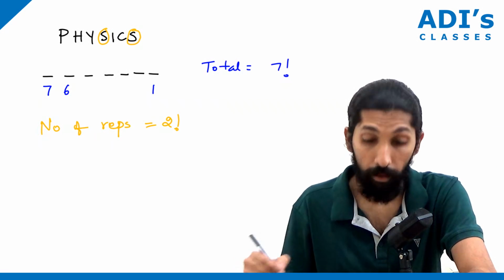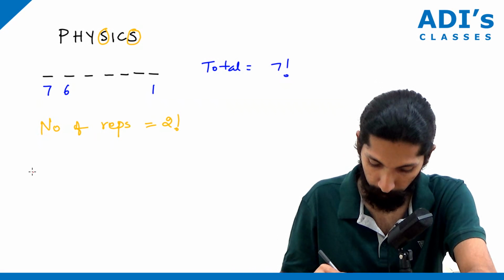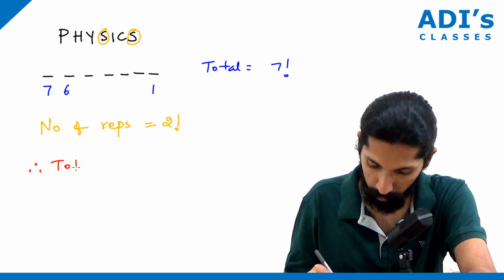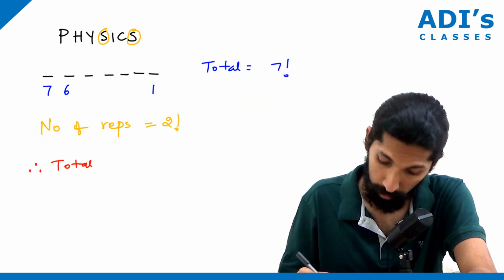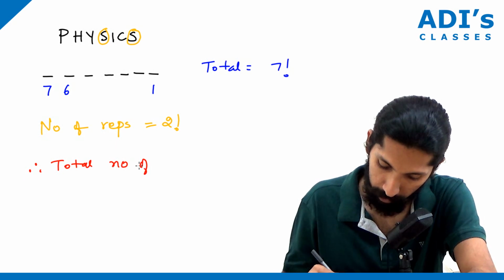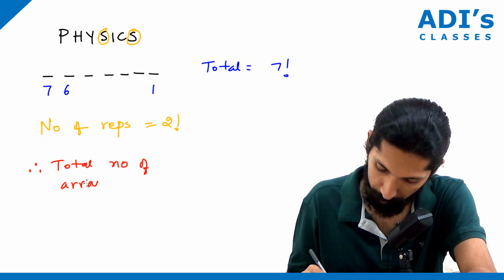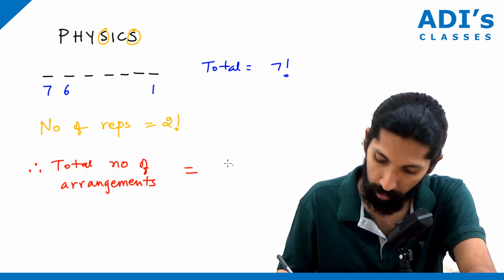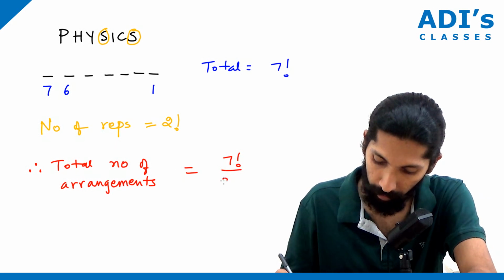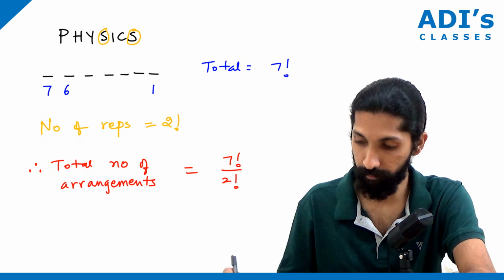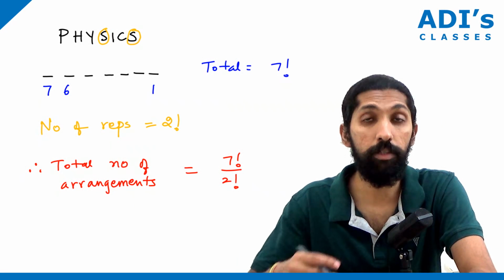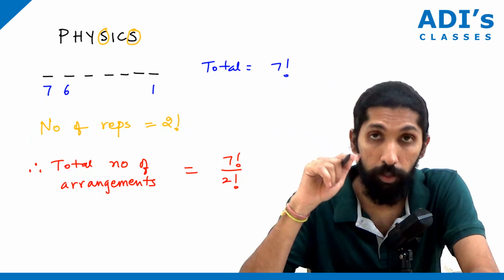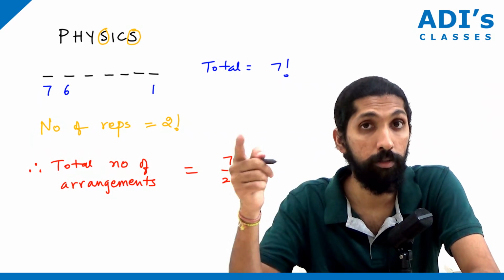Finally, we can say the total number of arrangements will be 7 factorial divided by 2 factorial. Fair enough? This is going to be the final answer. We'll do one more example. After that, we'll look into the problems part.